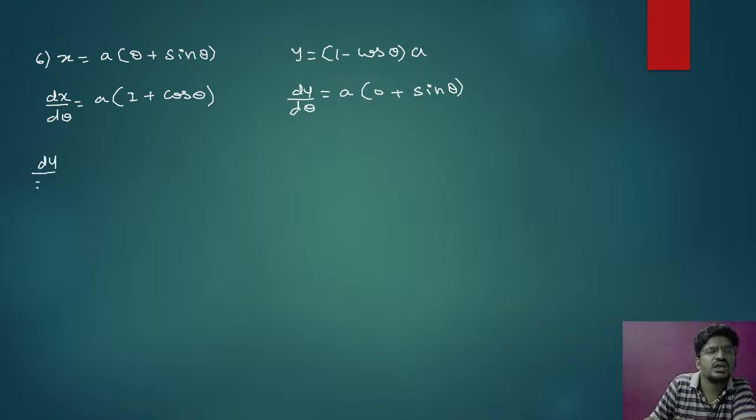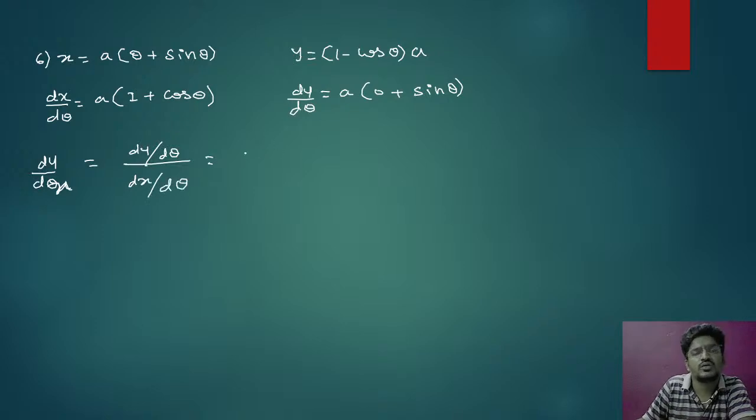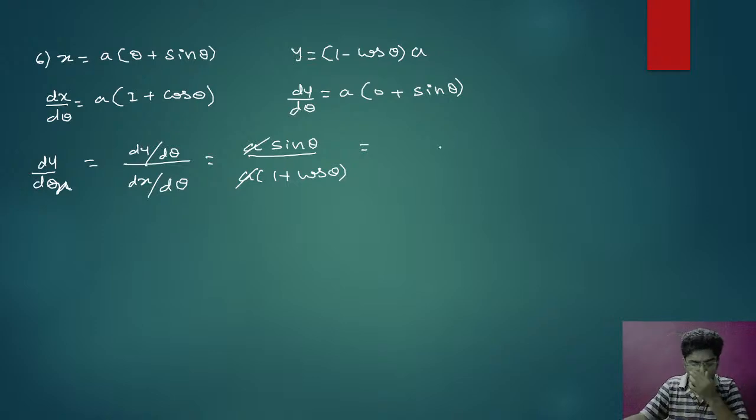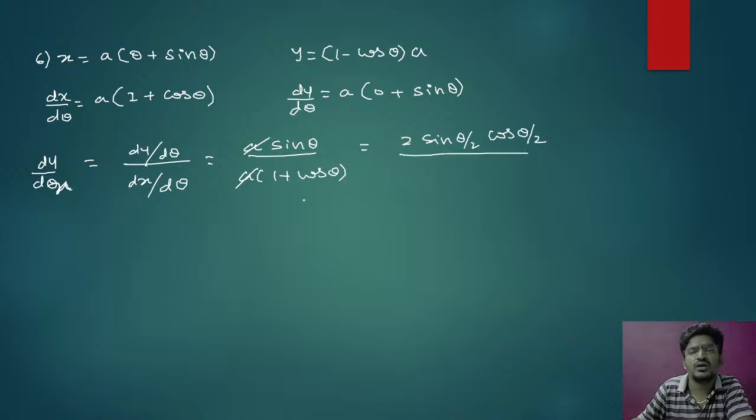So therefore dy by dx will be equal to dy by d theta divided by dx by d theta. What is dy by d theta? a sine theta. What is dx by d theta? a into 1 plus cos theta. Cancel a and a. So sine theta is 2 sine theta by 2 cos theta by 2 divided by 1 plus cos theta is 2 cos square theta by 2.